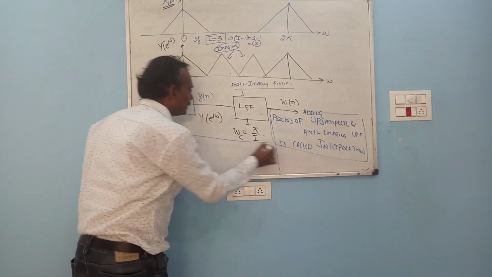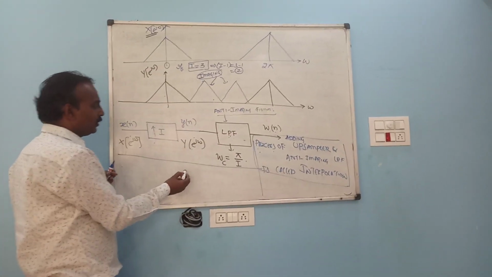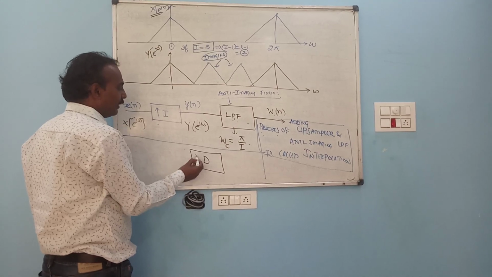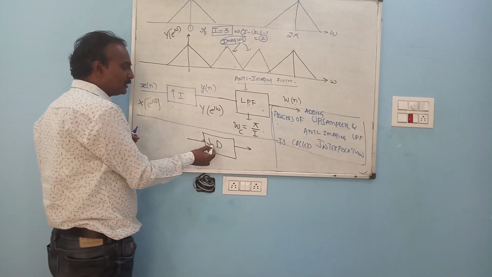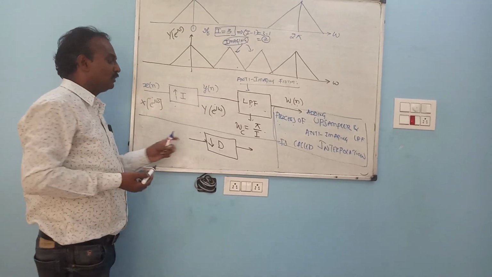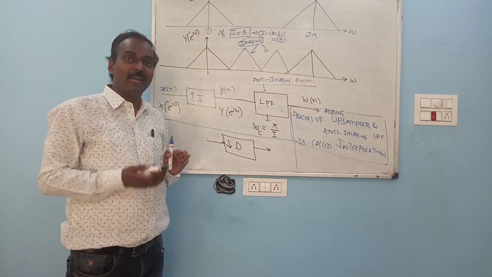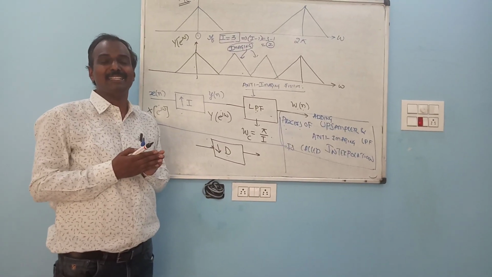Now let us recollect what we did in downsampling. If I am downsampling a signal, there is overlapping of the signal occurring, which we call aliasing.